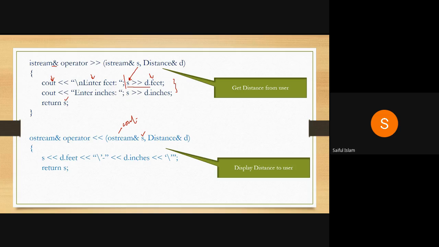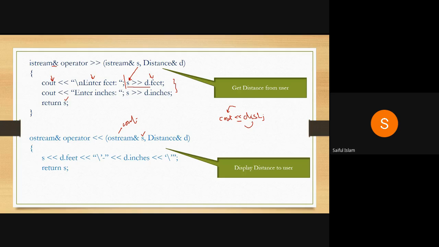Okay. Now this is your function. Fine. Now suppose I write a statement here, cout dist1. So I have to write this type of statement in my program. Now, what is this? Compiler will see this is an operator. And on the left hand side, you have an object of cout.